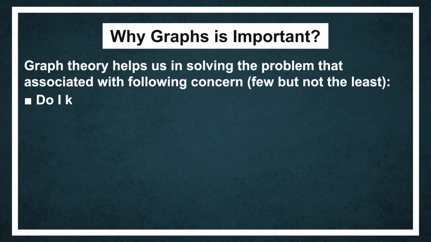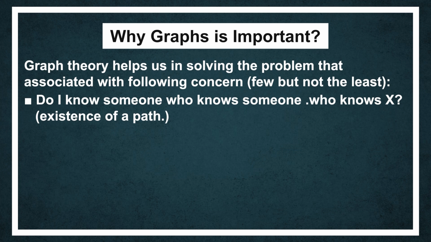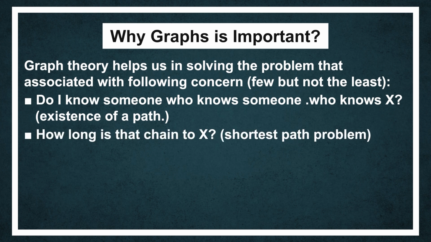In the context of social networks, many interesting questions have been asked of graphs. For example, the first question, do I know someone who knows X, is an example of an existence of path problem. Another question, how long is that chain to X, is a kind of shortest path problem.